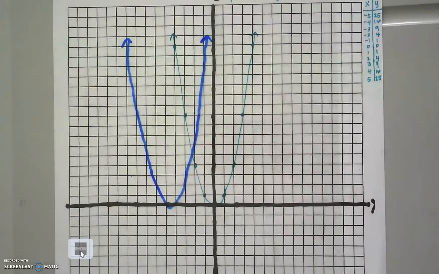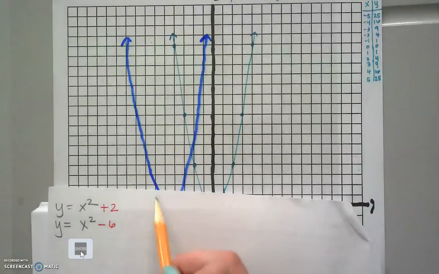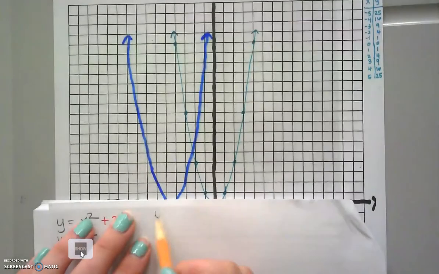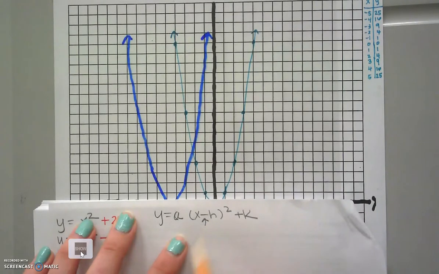So what if I wanted to represent that with an equation? Remember our vertex form equation is y equals a times x minus h squared plus k. That always has a minus sign in it, so this is really x minus something squared.